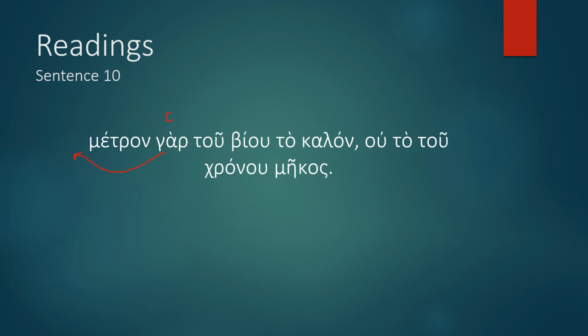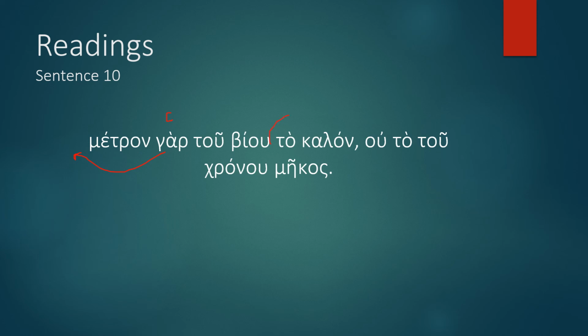We have metron, which is a noun. And then to kalon. Well, to is a definite article. And we've seen it before with an adjective, and so it's being used sort of substantively. The neuter singular with the article, and then an adjective often makes things generalized and abstracted.